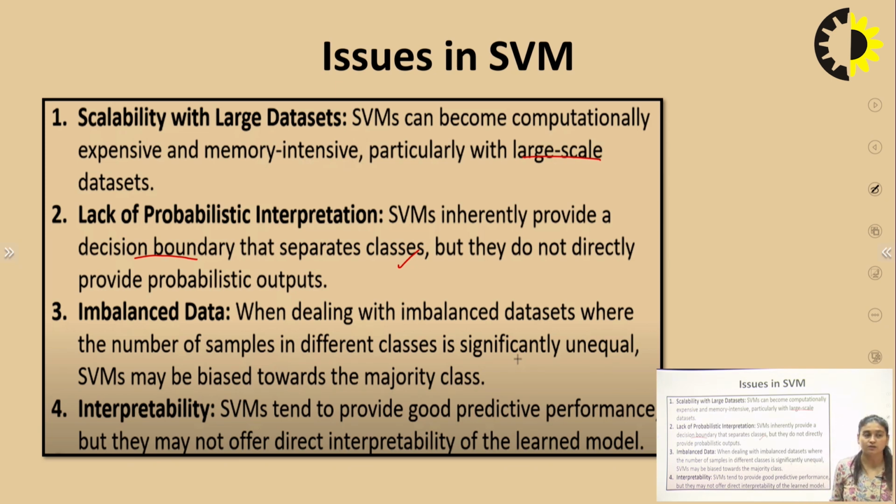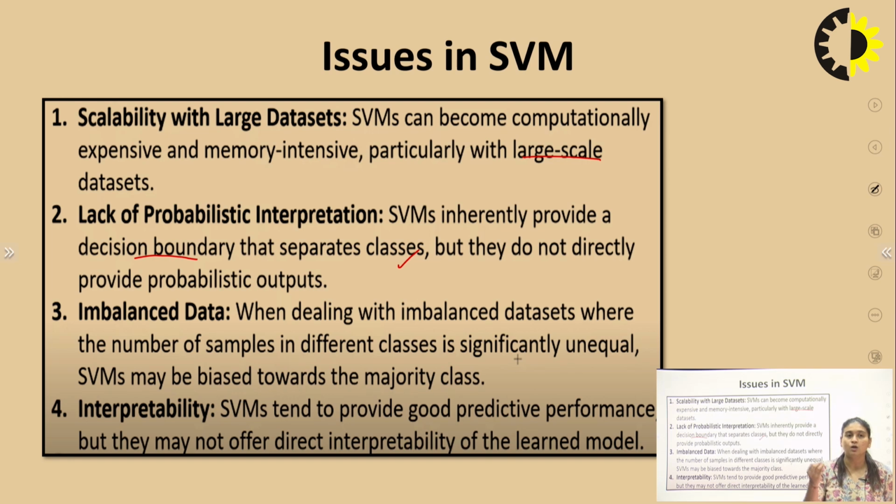Then the third issue is imbalanced data. I hope you understand what an imbalanced data set is, where the number of samples is unequal. SVM may be biased towards the majority class.